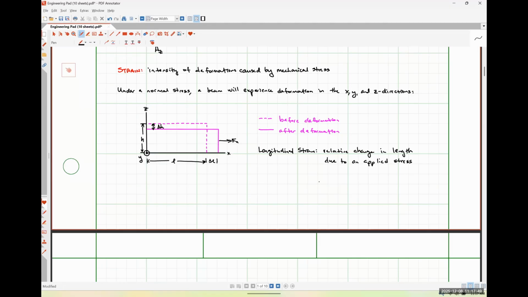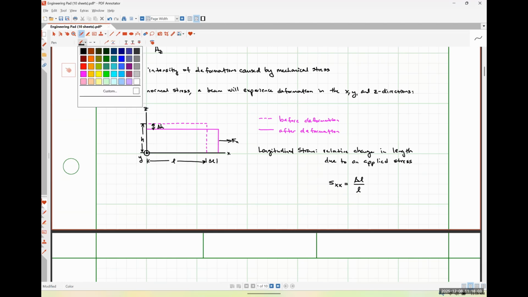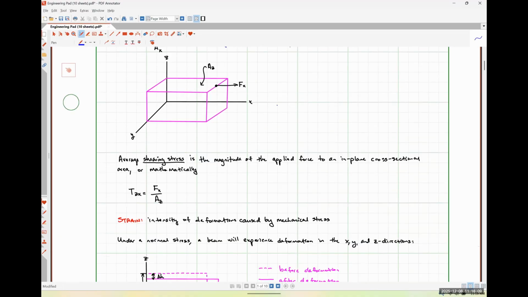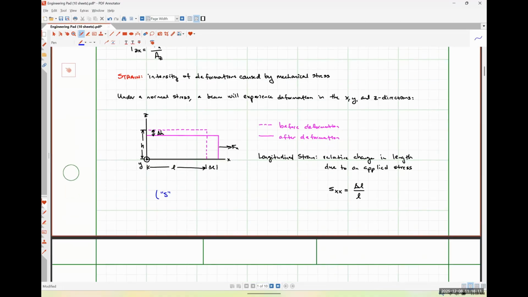And mathematically, this will look like S subscript XX will be delta L over L. Okay. And just for the hell of it, I'm going to make a note here that says S will be the symbol for strain in this class.